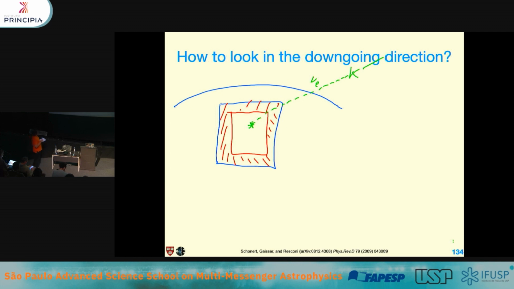This was actually figured out in 2009 by these authors here, and it comes out with a really clever idea. And the idea is the following. I'm actually going to make this a little easier to begin with. Suppose that there's a cosmic ray that comes like this, and this starts a cosmic ray shower.